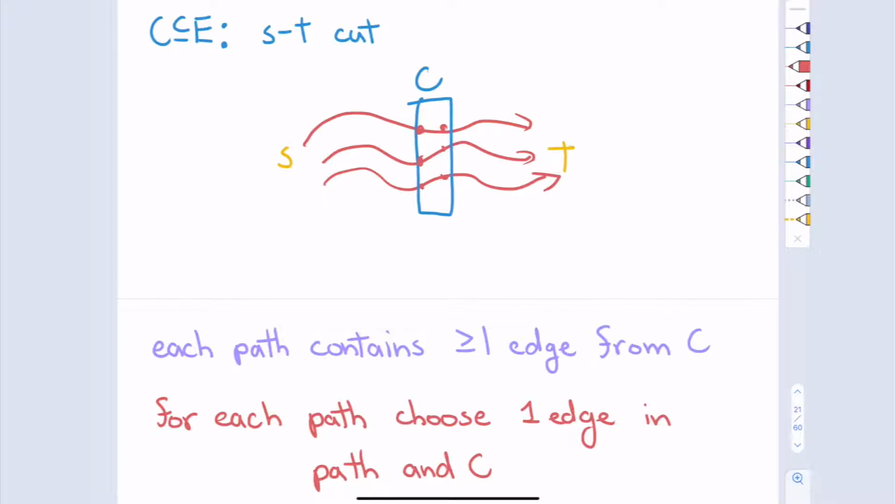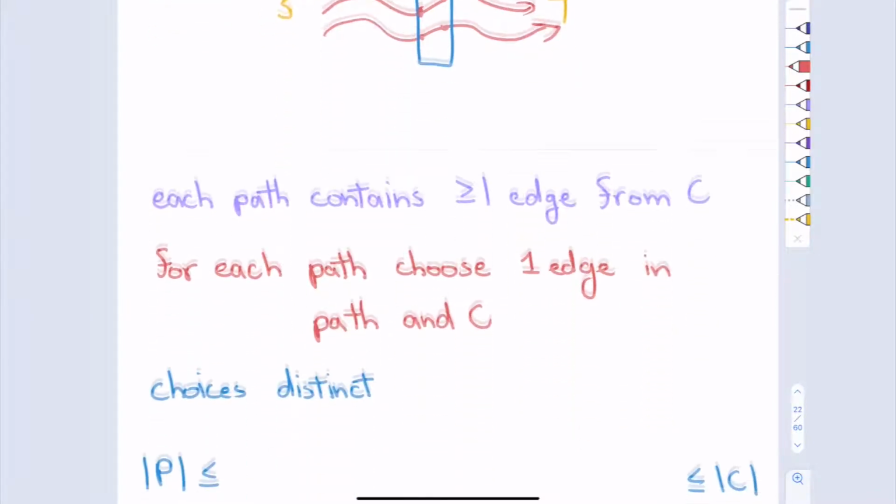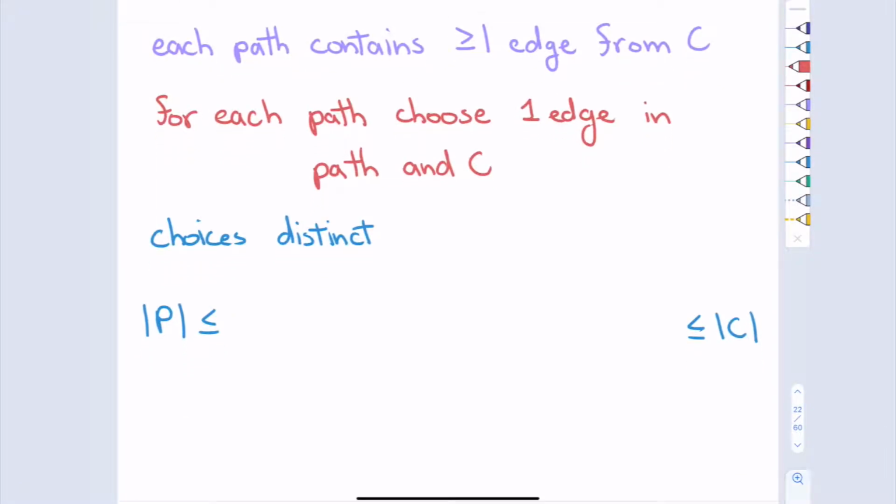We know that each of our paths has to have at least one edge from this cut, because that's what cuts are. So for each path, let's choose one of the edges that are in the path and the cut. It's possible that the path goes through the cut multiple times. It doesn't have to be one, but it's at least one. One key point though is that the paths are edge disjoint. So whenever a path chooses some edge from the cut, those are different choices automatically.